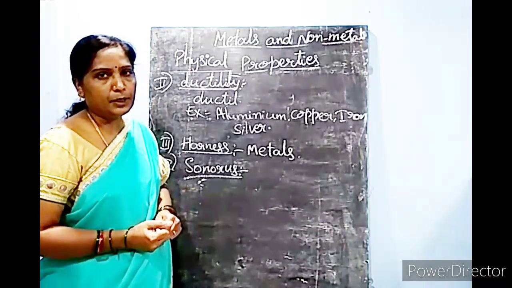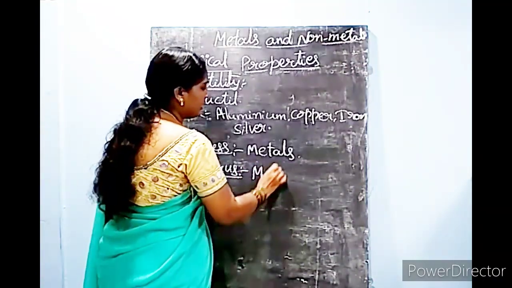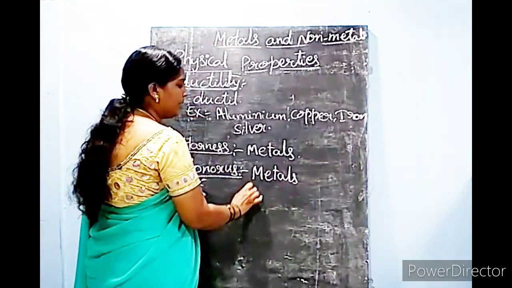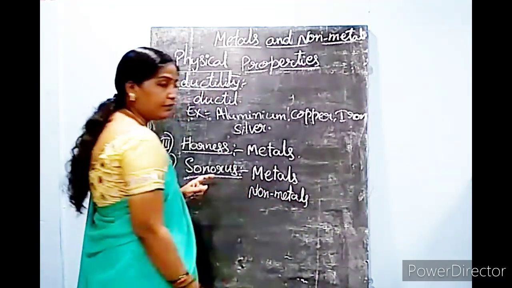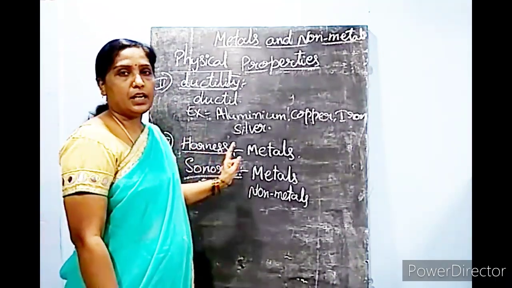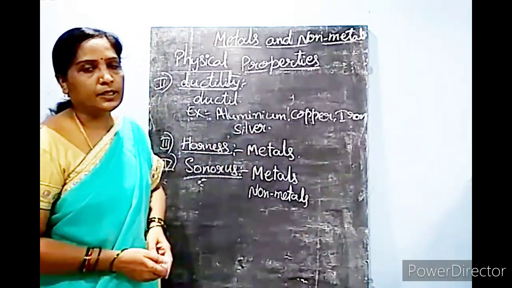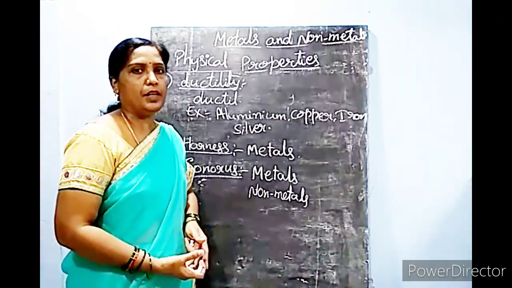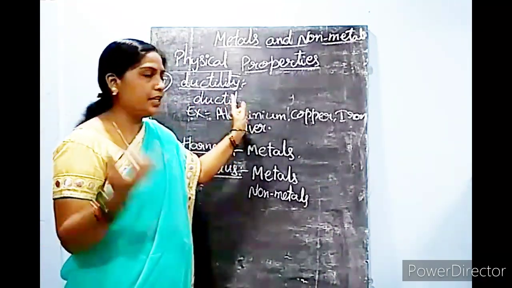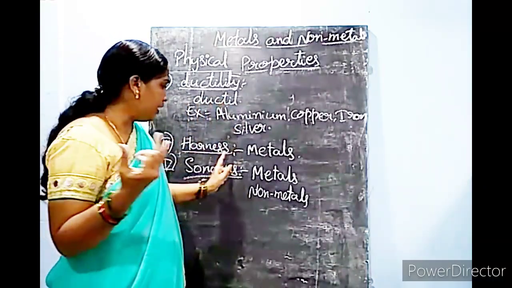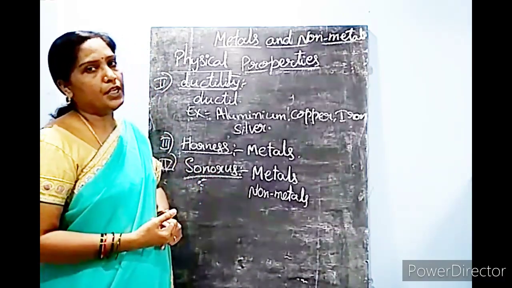So all metals are sonorous in nature, whereas non-metals will not show the property of sonorous, and non-metals are not too hard, not ductile, and not malleable. Opposite to this, all metals show the property of malleability, ductility, hardness, and they also show the property of sonorous.